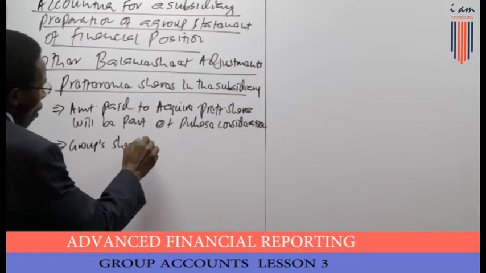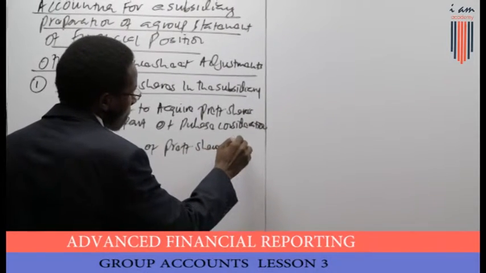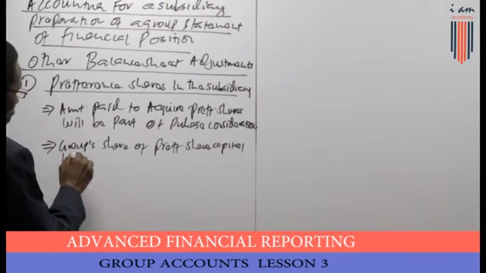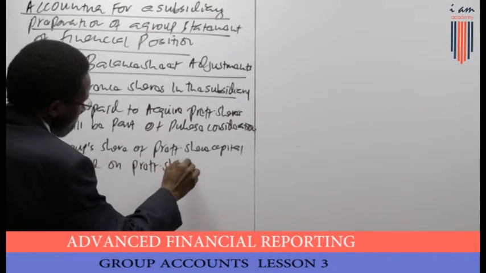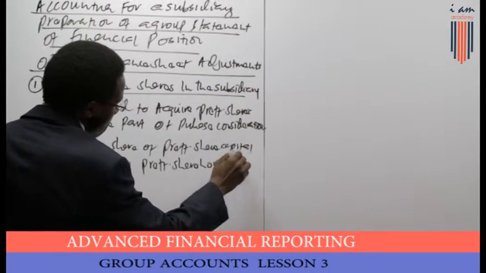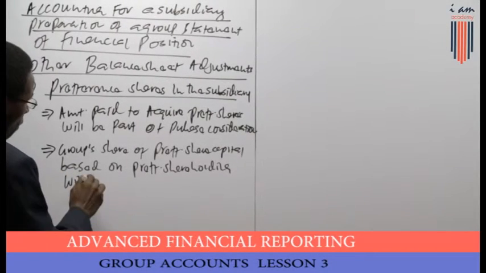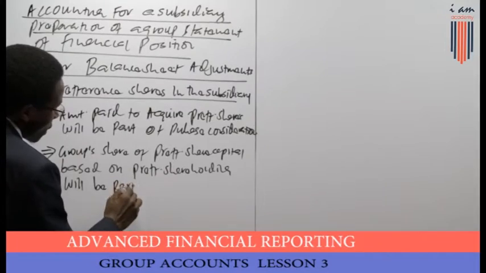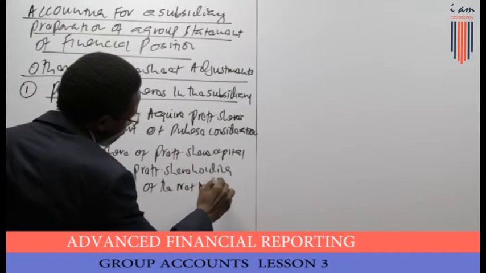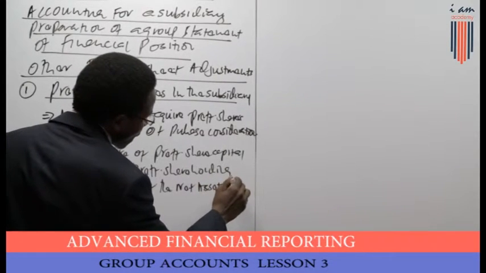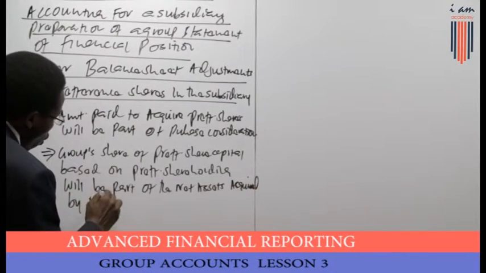The group share of preference share capital, based on preference shareholding, will be part of the net assets acquired by the holding company.